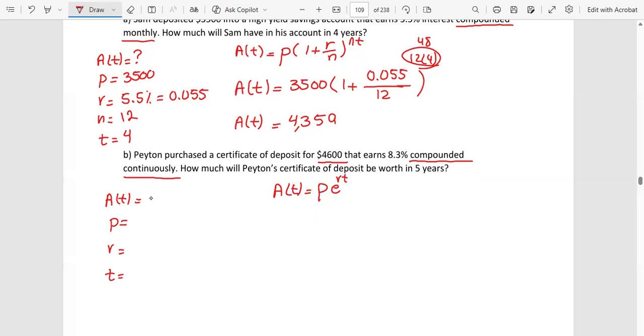That means find the final amount after 5 years. That means T is 5. How much is the principal money? 4,600. What's the interest rate? That's 8.3%, which is 0.083.